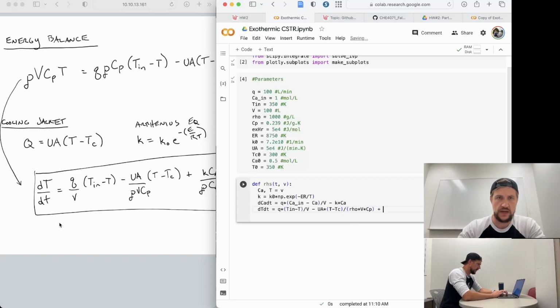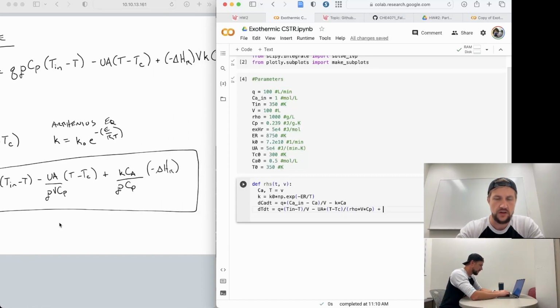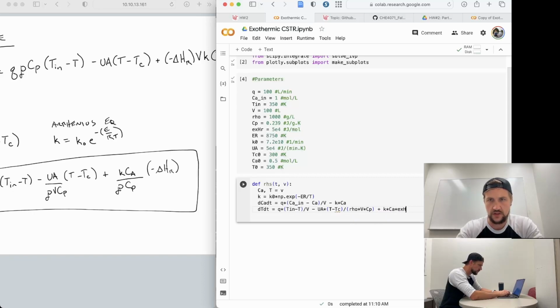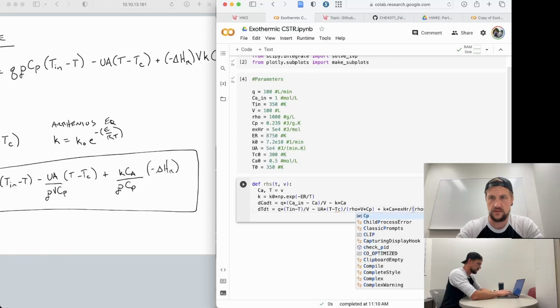Then we're going to add in our reaction rate, the exothermic heat occurring. So we've got K times CA times our delta HR, and then this divided by rho times heat capacity.